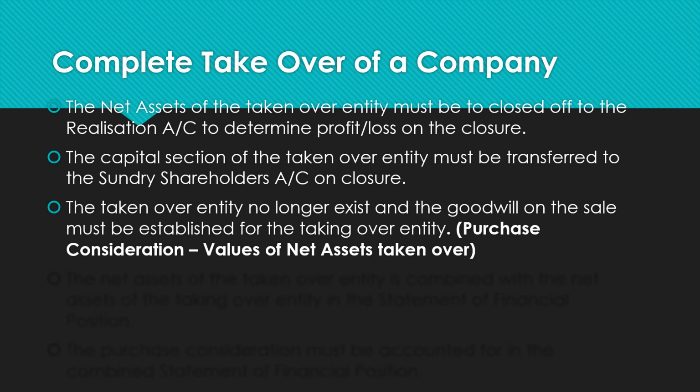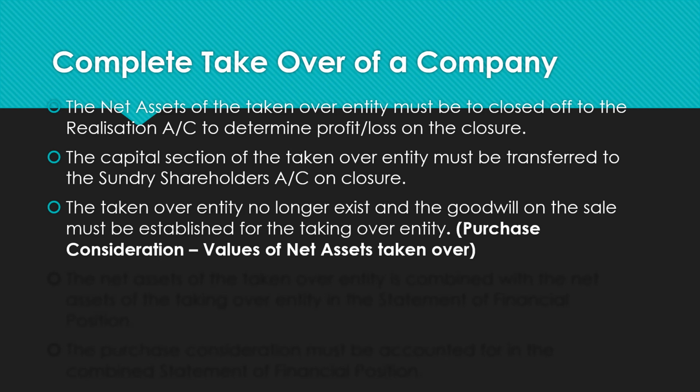Okay, so when you're selling the business, then you have to work out the goodwill. And how do we work out this goodwill? You work out the goodwill by taking the purchase price, what they're calling here the purchase consideration, and subtracting the values of the net assets taken over.